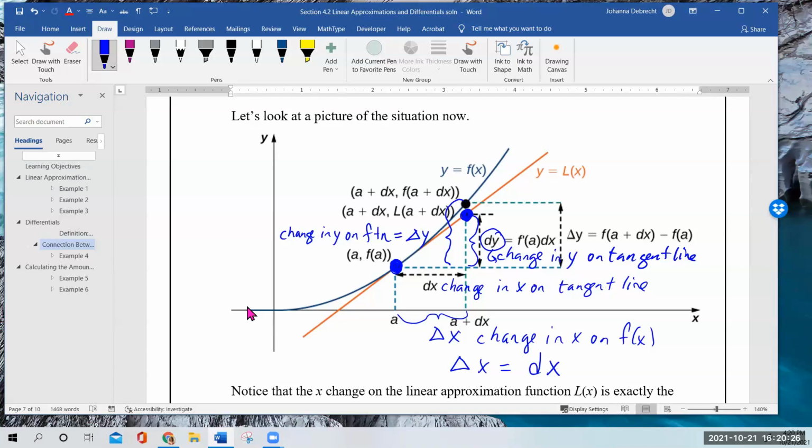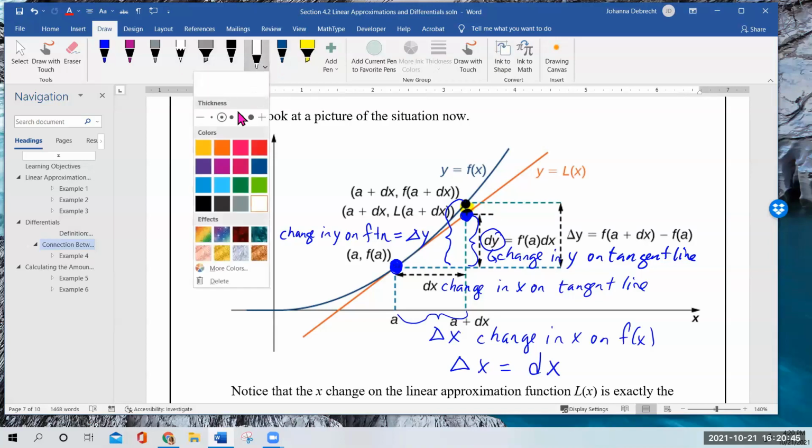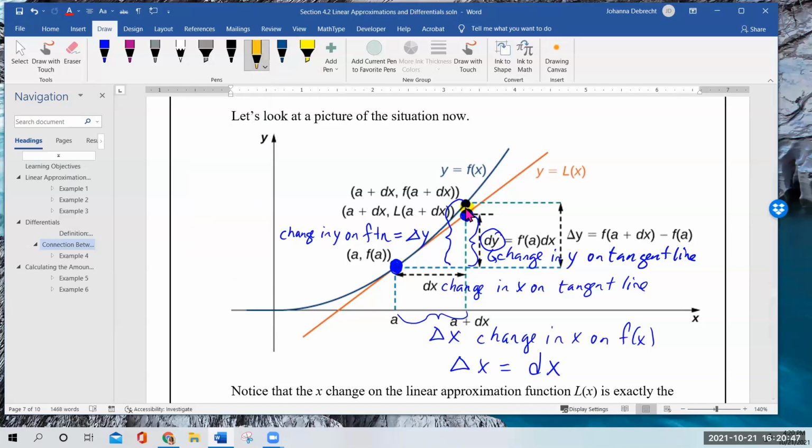Notice that there is a slight difference between the delta y and the dy. That difference is this part right here that I'm going to color yellow. It's not showing up too well, so let me try and make it a brighter yellow.